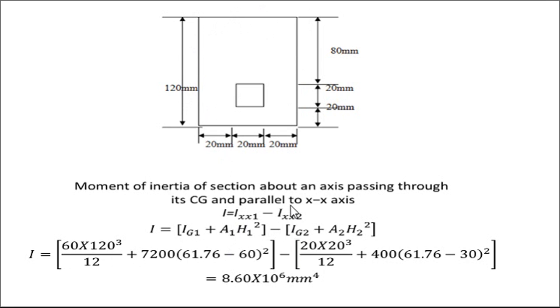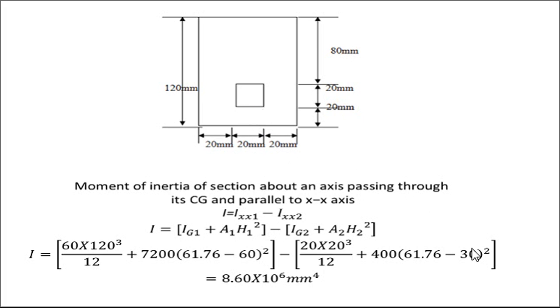After that, minus Ixx2. So now you concentrate on this small square hole. For that, the moment of inertia is BD cube, where the dimensions are 20 by 20. So 20 into 20 cube divided by 12, plus the area of that square hole, which is 400, and the distance from the neutral axis to the CG of this square hole is 61.76, and the CG is this 20 plus half of the 20, that is 10.